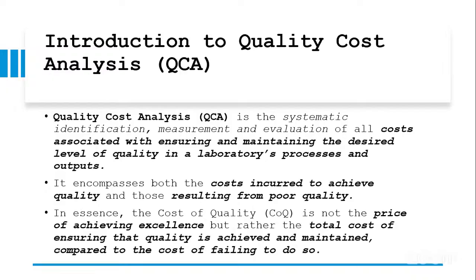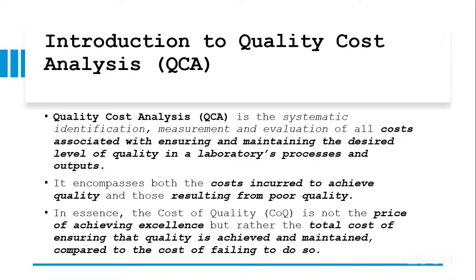So in essence, the cost of quality is not the price of achieving excellence, but rather the total cost of ensuring that quality is achieved and maintained compared to the cost of failing to do so. I was just having a discussion with somebody, and he pointed out that if you think quality is expensive, then evaluate the consequences that arise from not giving a quality result.